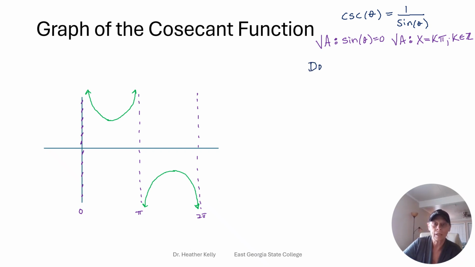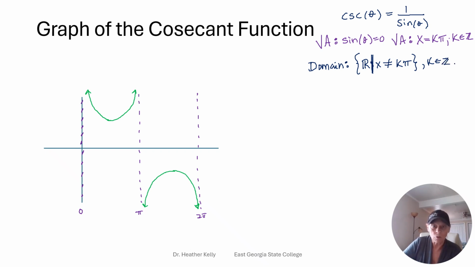So our domain is the same as the domain of the cotangent because sine is in the denominator. I'm going to go ahead and write this in set notation such that x is not equal to k pi, k an element of the integers.